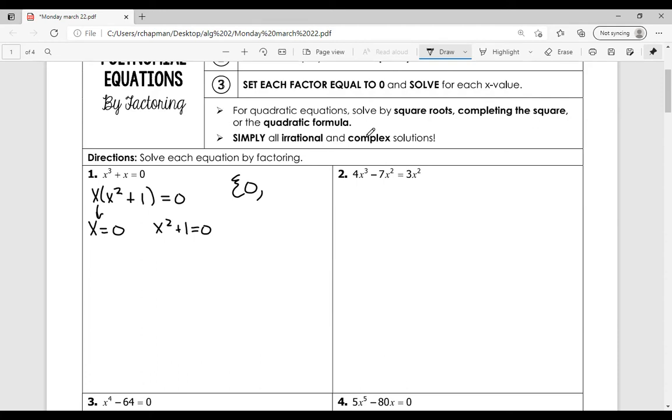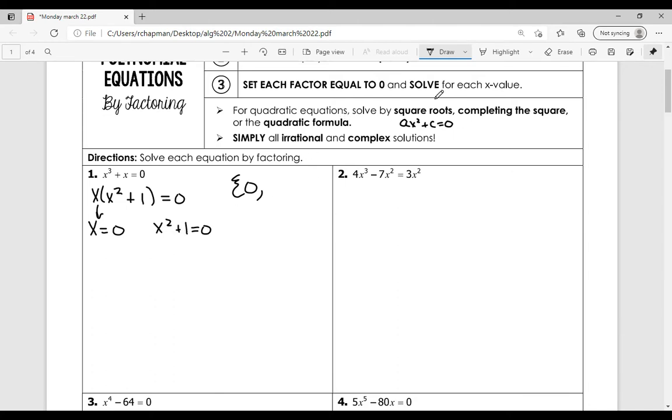Now, back up here, it says for each quadratic equation, you can solve by the square root property if it applies. And remember, the square root property is just ax squared plus c equals 0. We can do the complete the square process. My personal preference is quadratic formula because I don't have to worry about b divided by 2 and square it and do all that stuff with it. To me, quadratic formula is the easier option.